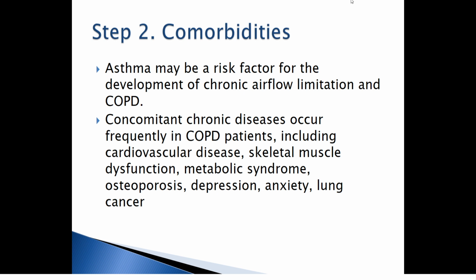It can lead to ischemia of the heart, ischemia of the muscles. Also, it can lead to ischemia of the brain. It is not stroke, but maybe some mood disturbances like depression, anxiety. And chronic smoking is a carcinogen, so there can be lung cancer in patients who smoke for a long time.